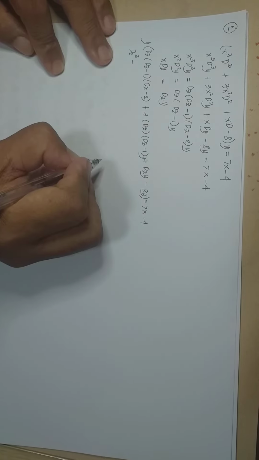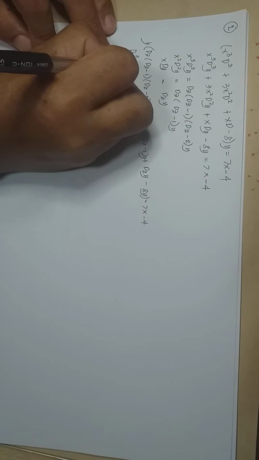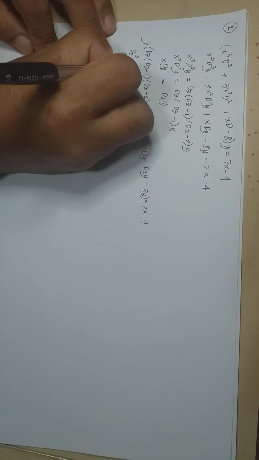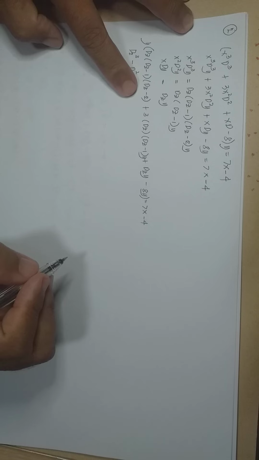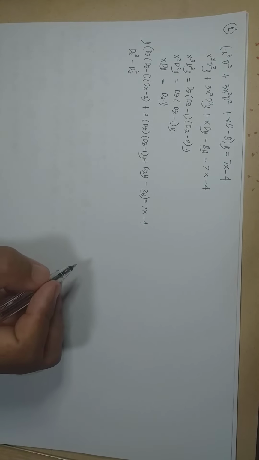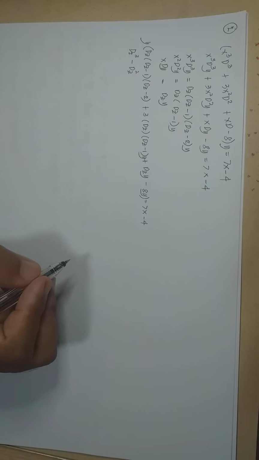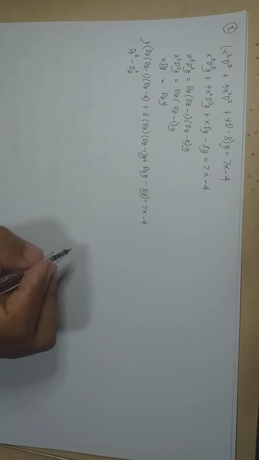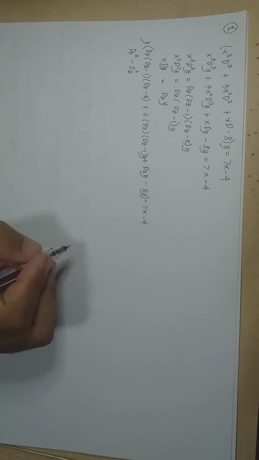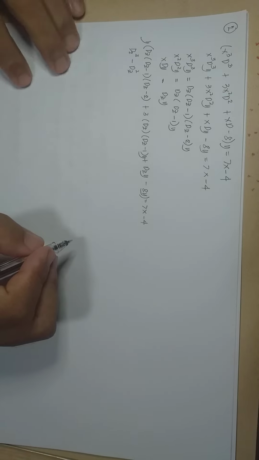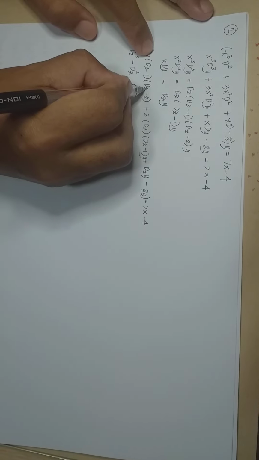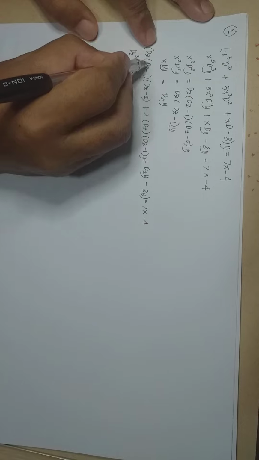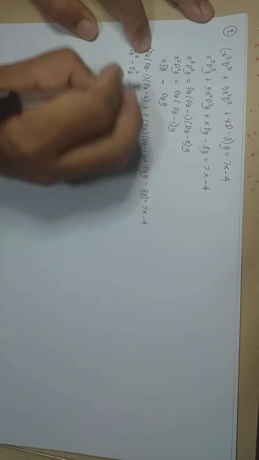Minus Dz squared, okay, so Dz cubed, Dz, negative 2 pala ito.